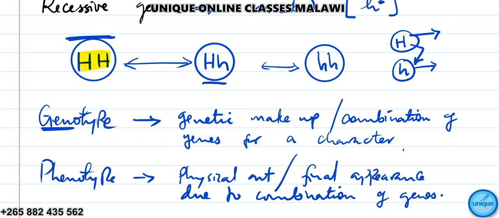Whereas this one will also be tall but not pure, because it has a recessive gene beside it. It will be tall because the capital H is dominant over the small h, the h that will not show. This one as well will be tall. So we have tall here and tall here. Whereas this one here, with only recessive genes, we're going to have that one.